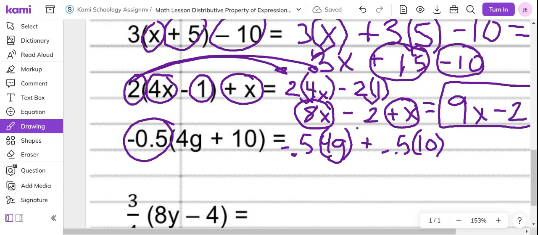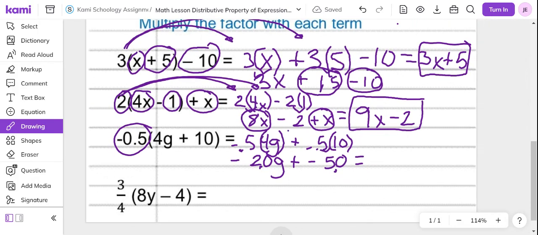So this is negative 0.5. So 5 times 4 is 20. And the negative, and then we put the decimal place value back in there. So half, basically negative 0.5 times 4, that's half of 4, which is 2, and we're left with negative 2g, and we have 5 times 10, which is 50, and there's one decimal, so then we put a decimal place value back in after we multiply.